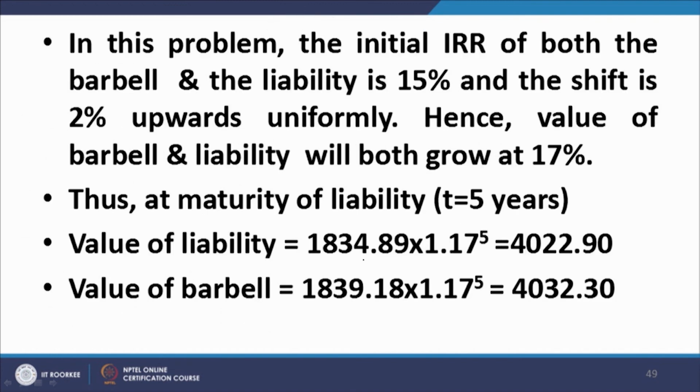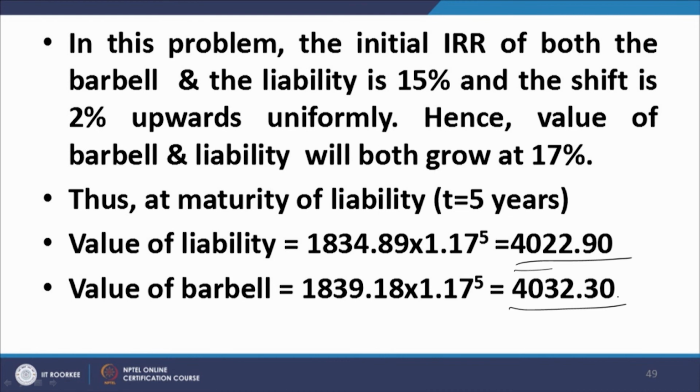In this problem, the initial IRR of both the barbell and the liability is 15% and the shift is 2% upwards uniformly. Hence, the value of the barbell and liability will both grow at 17%. Thus, at maturity, the value of the liability at t equal to 5 years will be 1834.89 into 1.17^5, which becomes 4022.90, whereas the value of the barbell grows to 4032.30.